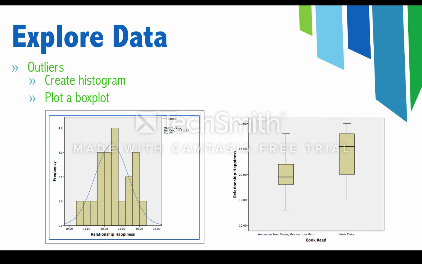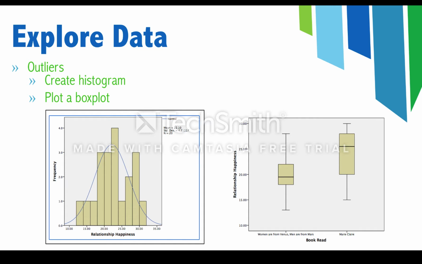For both groups of the independent variable, if there are any scores that are unusual for that group, and their value is extremely small or large compared to the other scores, those scores are called outliers. Outliers can have a large negative effect on your results because they can exert a large influence or change on the mean and standard deviation for that group, which can affect your statistical test results.